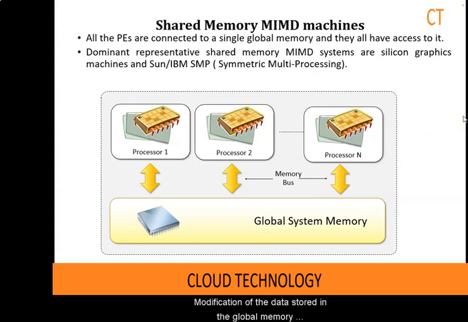The modification of the data stored in the global memory by one processing element is visible to all other processing elements. Dominant representative shared memory MIMD systems are Silicon Graphics machines and Sun IBM SMP. The SMP is symmetric multiprocessing.